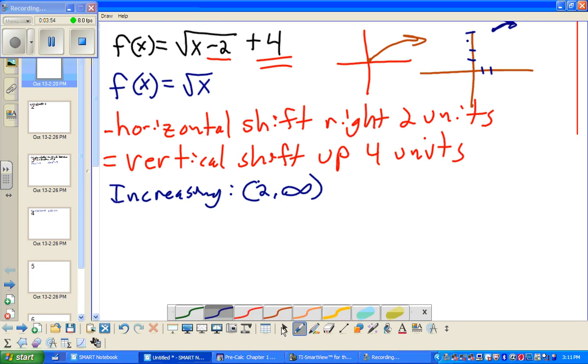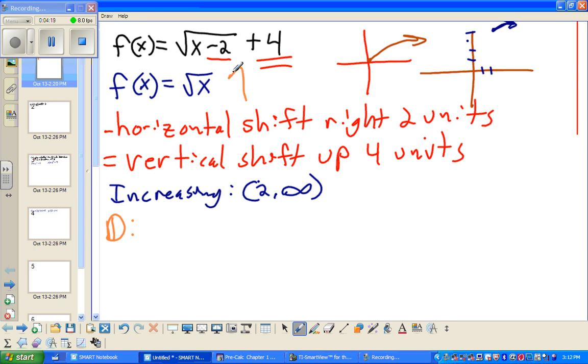That brings up something else we definitely talk about a lot. What is its domain? Well, we just answered it. We had to realize that in order to say where it was increasing. But our graph, its domain is from 2 to infinity. How do we ever get domain? Well, we take a look at whatever function we're dealing with, and look and see if there are any restrictions.